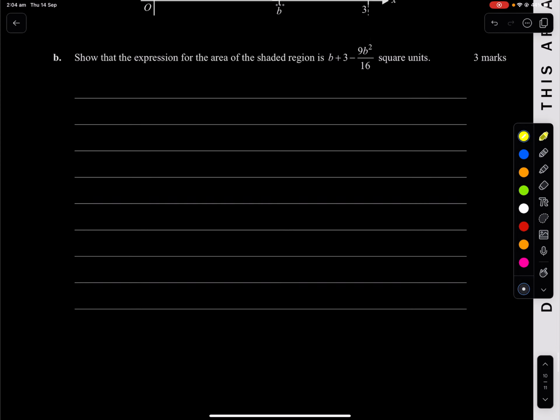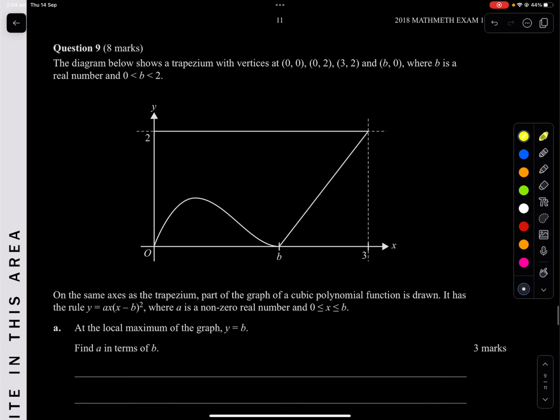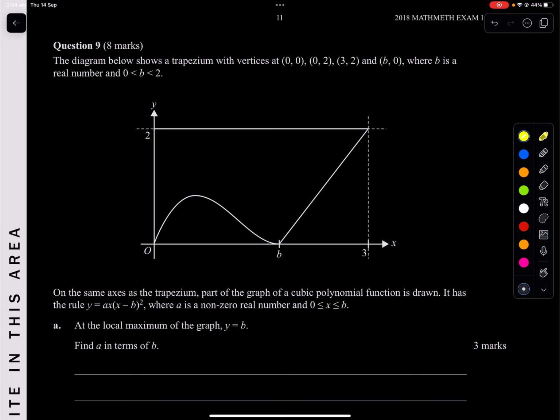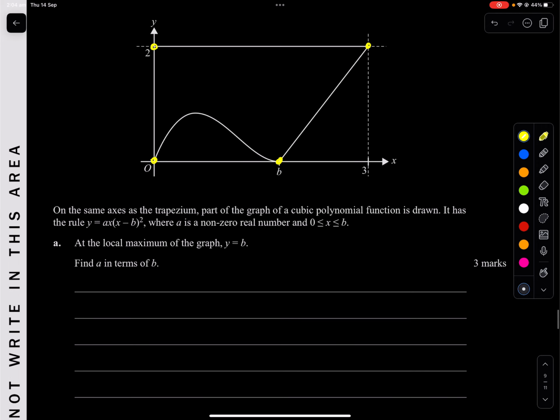Yes. Okay. The diagram below shows a trapezium with the vertices 0, 0, which is over here, 0, 2, which is here, 3, 2, which is here, and this over here, where b is a real number between 0 and 2. On the same axis as the trapezium, part of the graph of the cubic polynomial function is drawn.